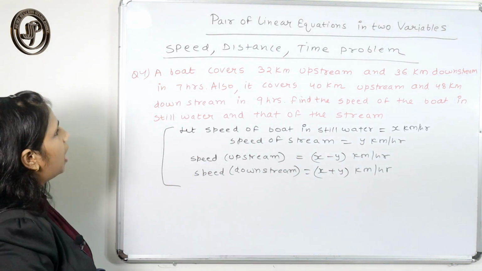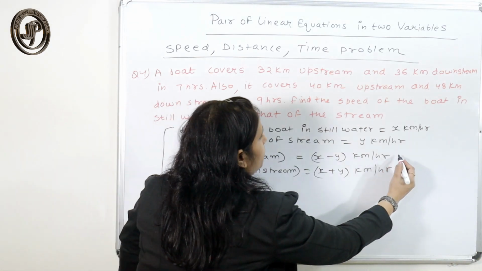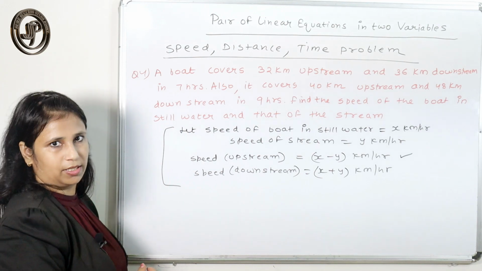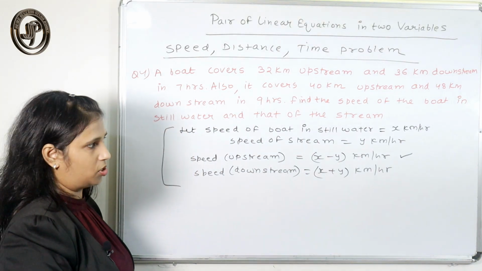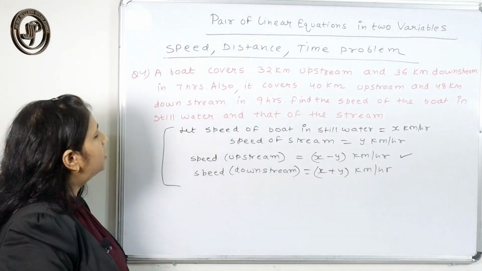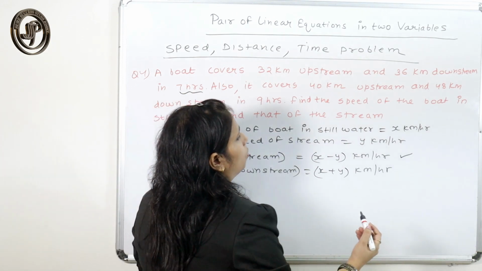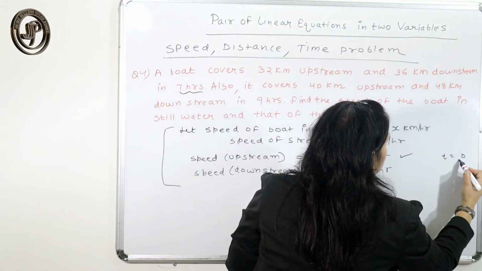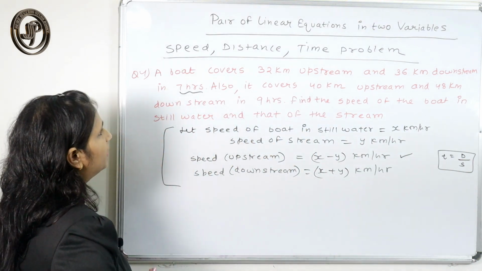Now what is asked? 32 kilometer upstream. Speed in upstream is x minus y. The boat goes 32 kilometer upstream and 36 kilometer downstream in 7 hours. We know time equals distance upon speed, so we can apply this formula.